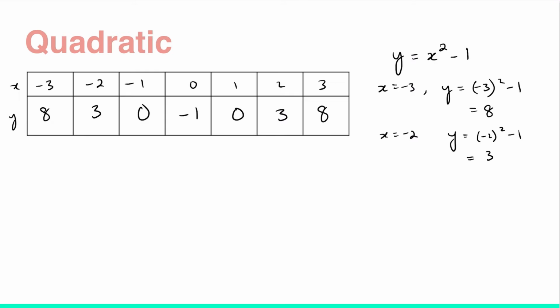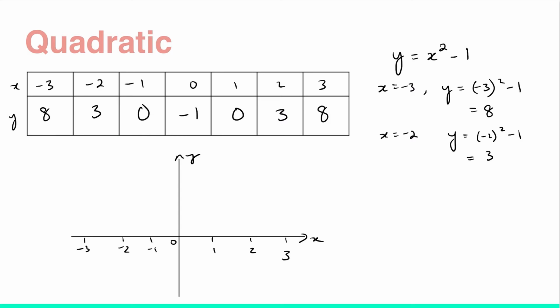We also know, hopefully from quadratics, that this is just our normal x squared graph that has been brought down by 1. So what we would normally do is get all of these points again onto our Cartesian plane. We'll see how accurately I can draw it this time. So -3 and 8 will be up here, -2 and 3 would be around there, -1 and 0, 0 and -1, and we will have all of these points here.